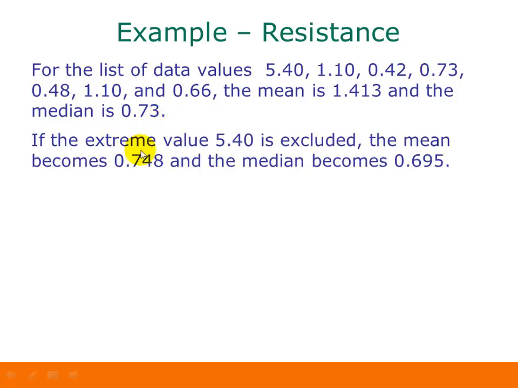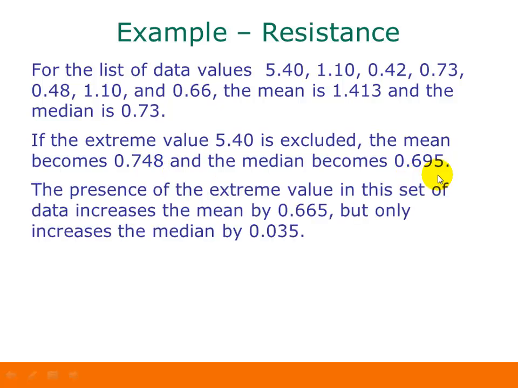When we took out the extreme value of 5.40, the mean became 0.748 and the median became 0.695. So the presence of the extreme value in this set of data increased the mean by 0.665, which is very significant considering the values for these sets of data.